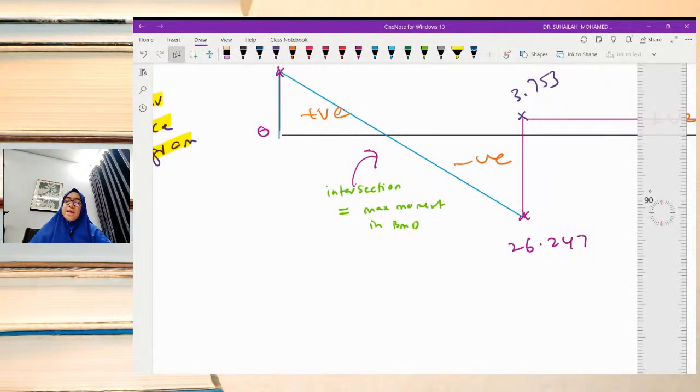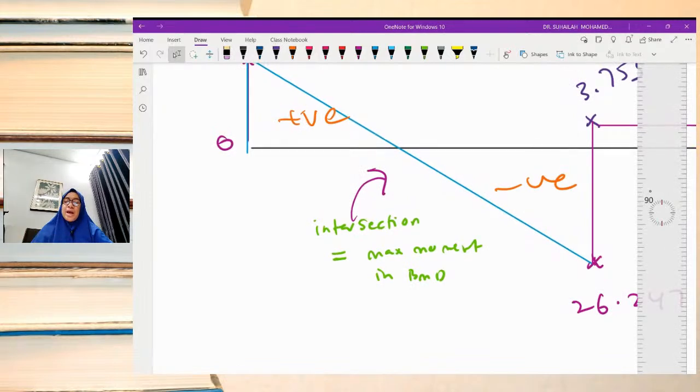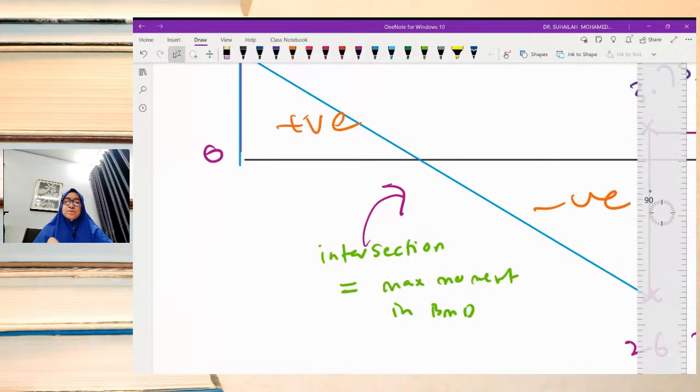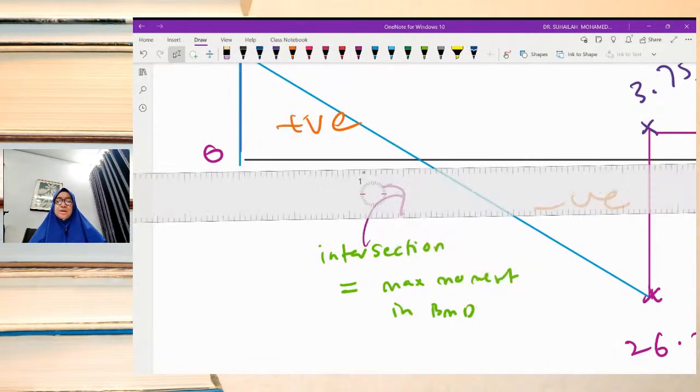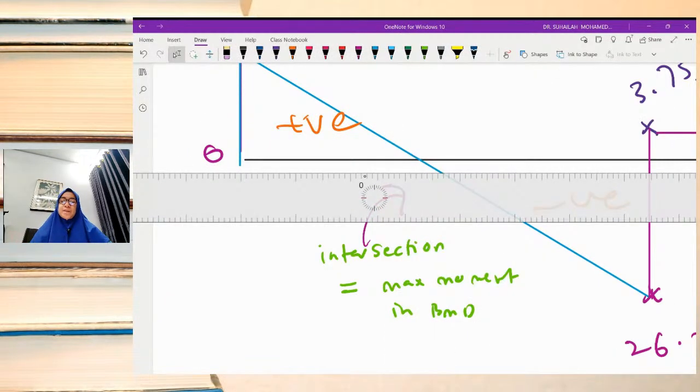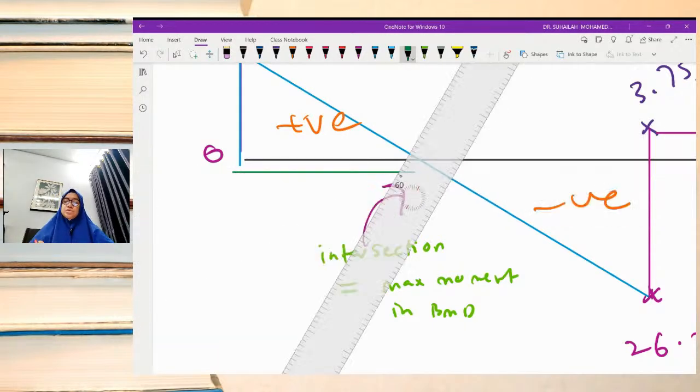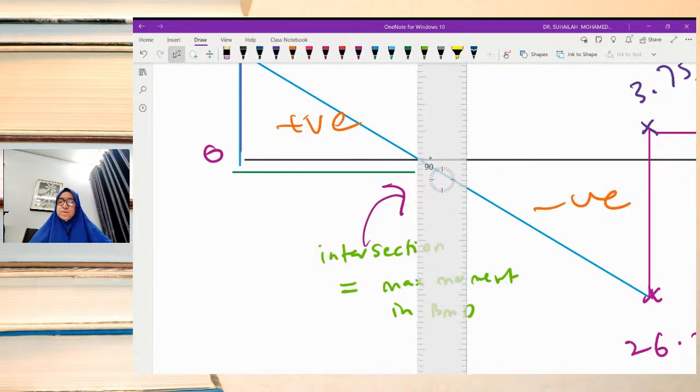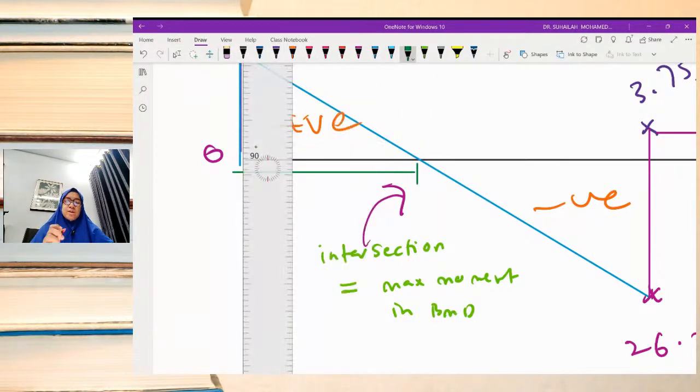Intersection means we have to determine the distance from A to the intersection.